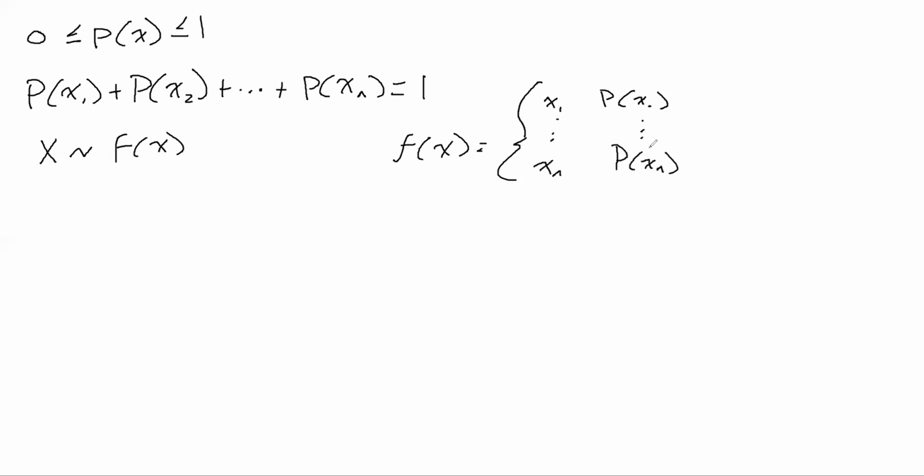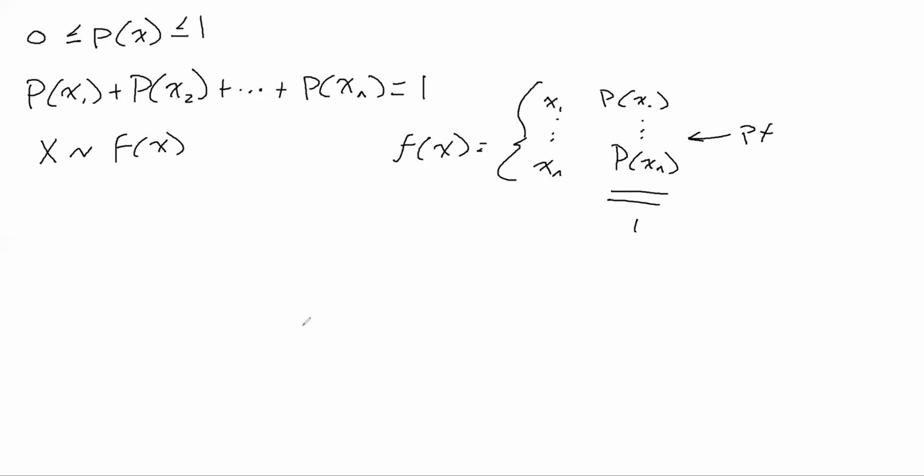As long as this covers all possible outcomes, it's mutually exclusive and exhaustive, and the sum of all of these probabilities of x has to be 1. If not, then it's not a probability distribution. So this would be a PF if it's discrete, a probability function.